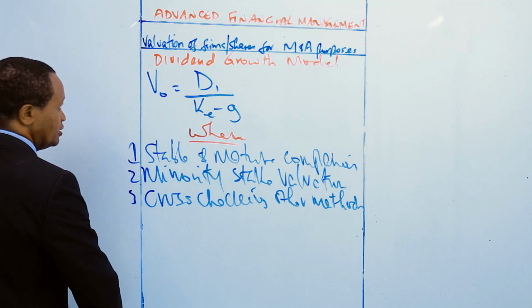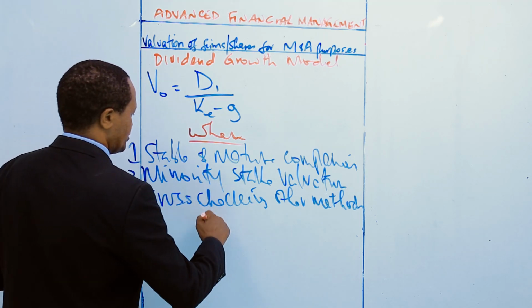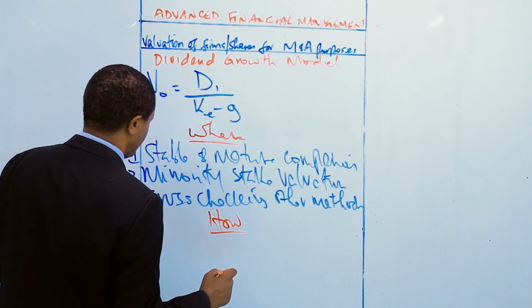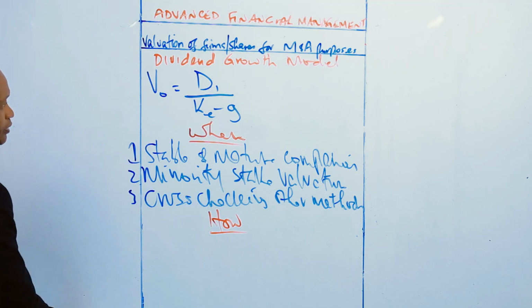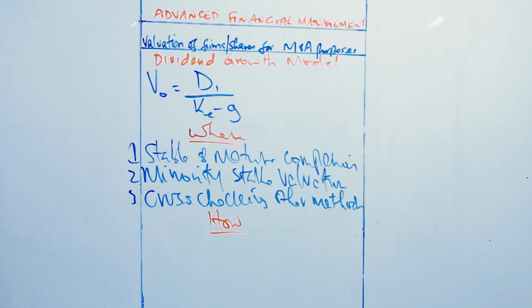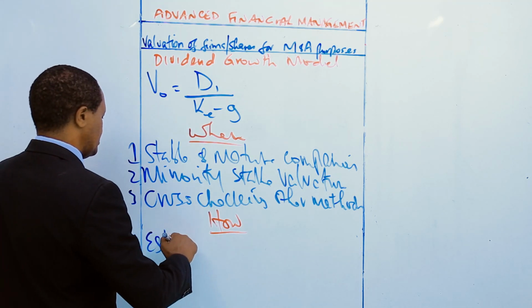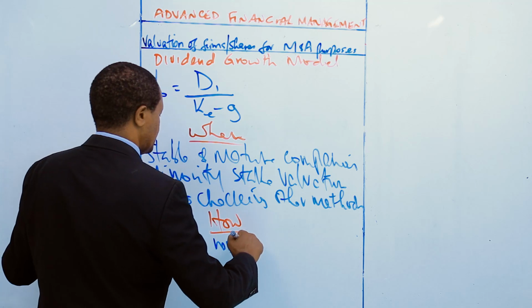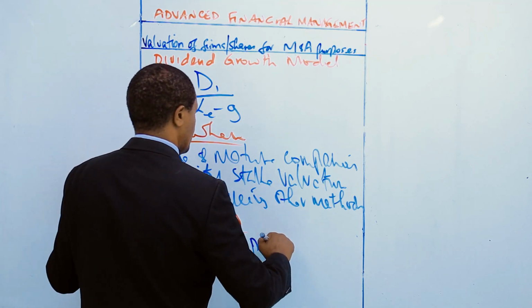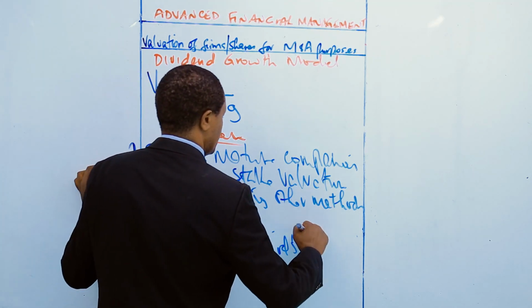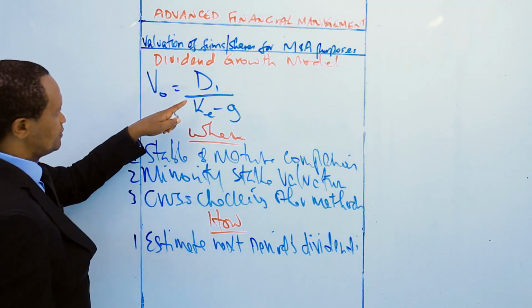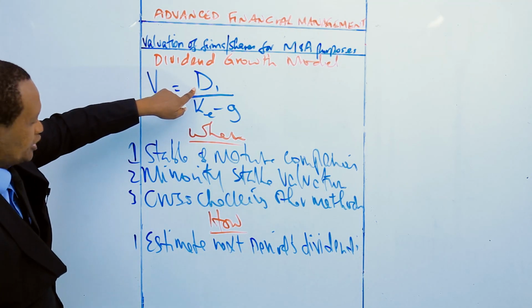So how do we use this method? What is the procedure? How do you practically value a firm using the dividend growth model? That is the next question. The first step is to estimate next period's dividend, that is the expected dividend per share.